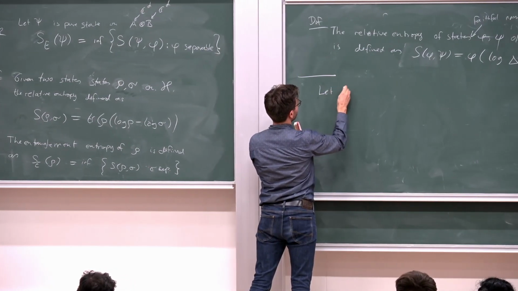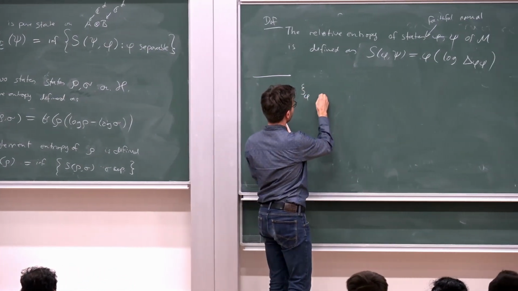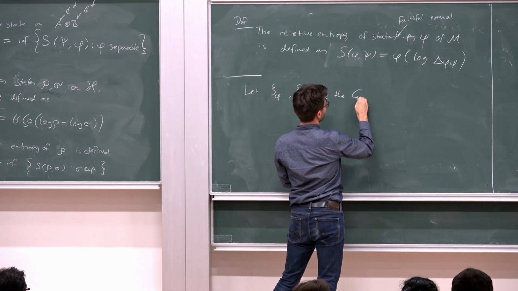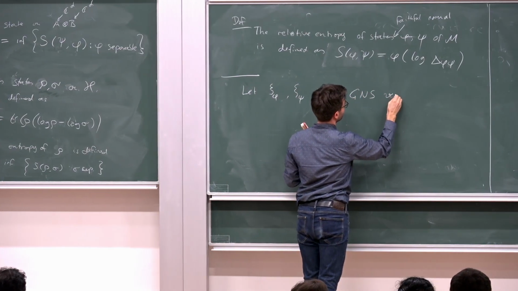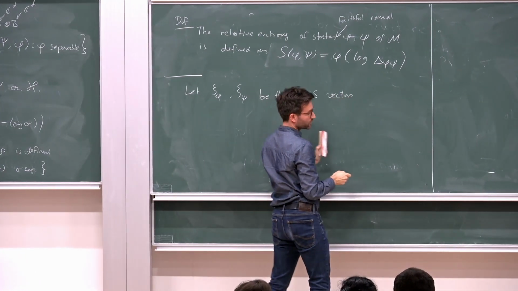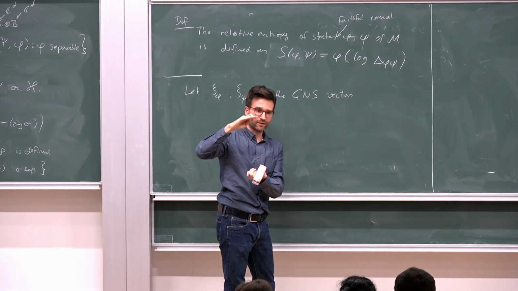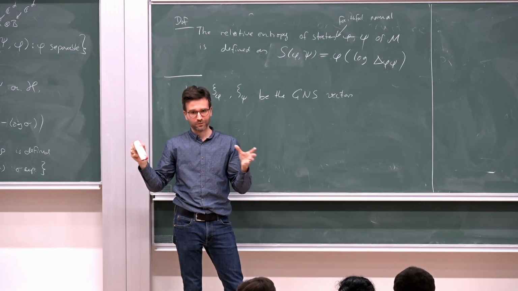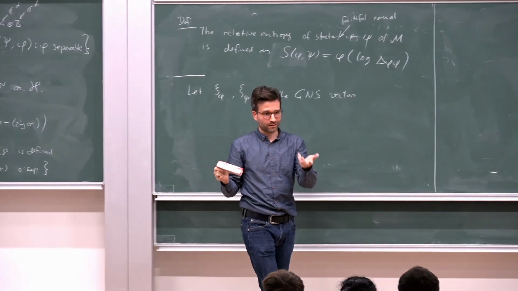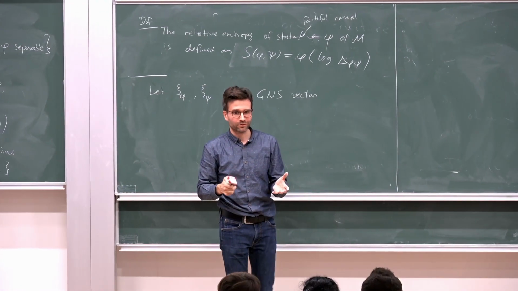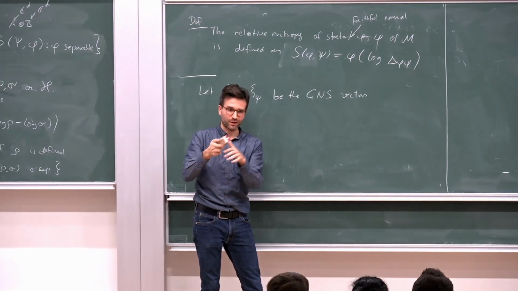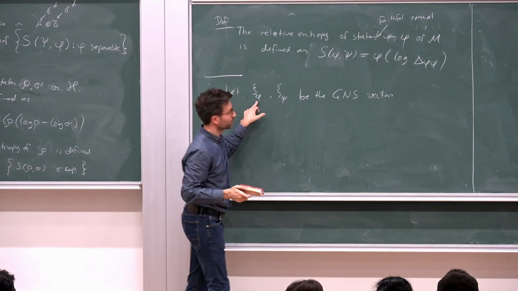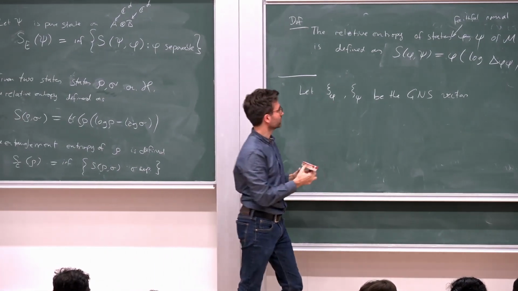Let psi_phi and psi_psi be the GNS vectors. In the GNS triple we had this Hilbert space representation and a vector at the end that we used as the purification vector. We spoke about purification also in the quantum information lecture. We start with a mixed state and we purify it and get a vector state out of that, and that was exactly this psi_phi in the GNS construction.